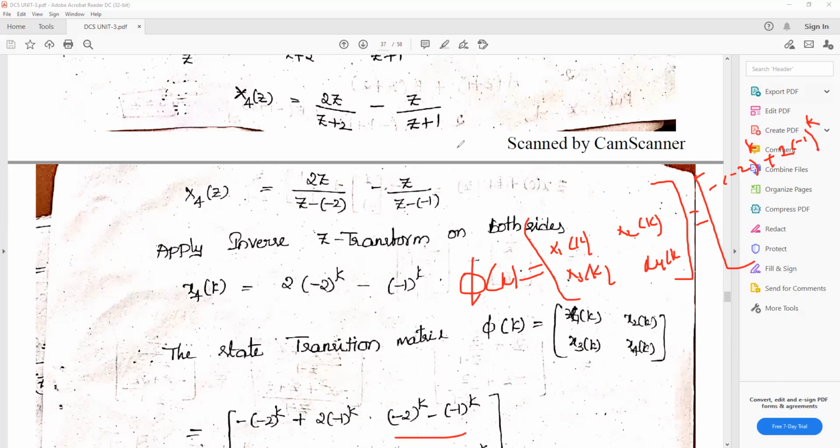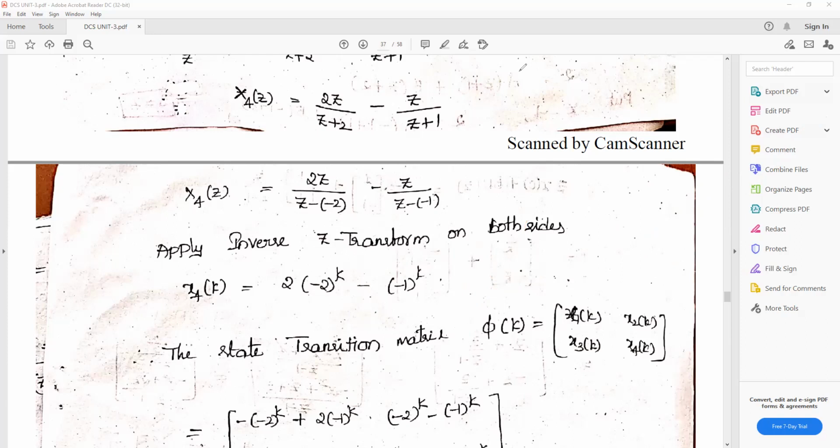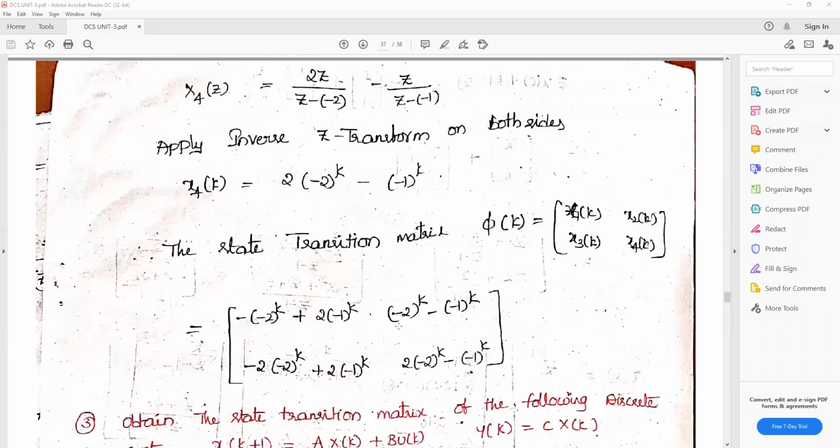Second term, x2 of k is minus 2 whole power k minus of minus 1 whole power k. Then x3 and x4. So this is the calculation of the state transition matrix.